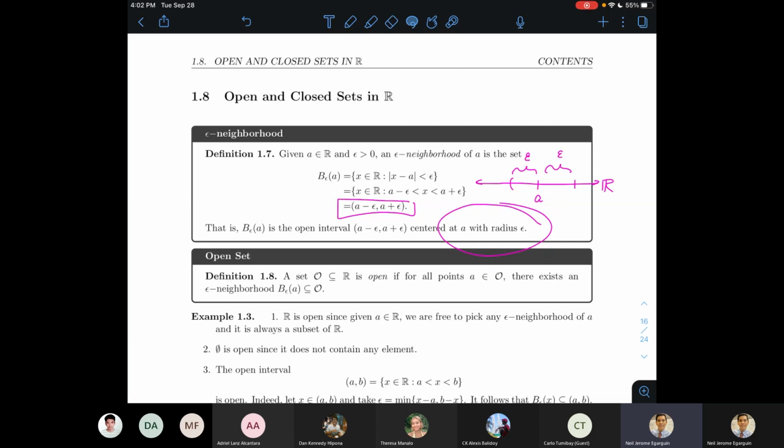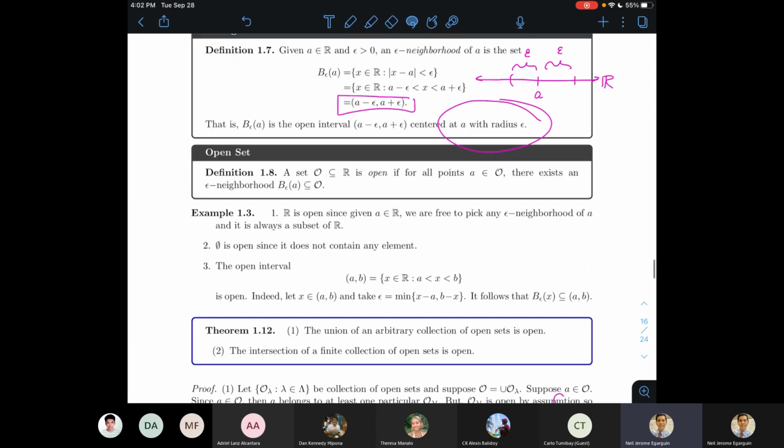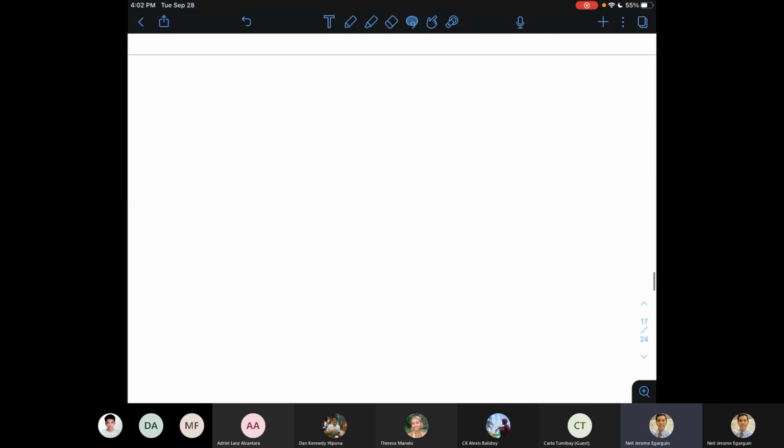And crucial or fundamental to creating a topology on the set of real numbers is the concept of epsilon neighborhoods. And we said that an epsilon neighborhood is basically, at least on the set of real numbers, the set of all real numbers that are within epsilon distance from the number x.